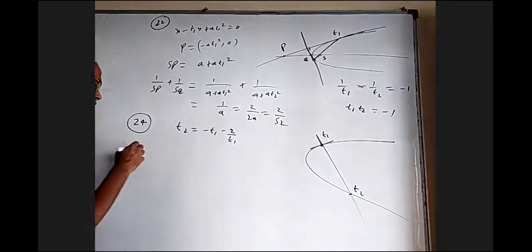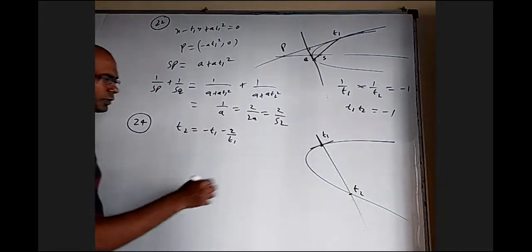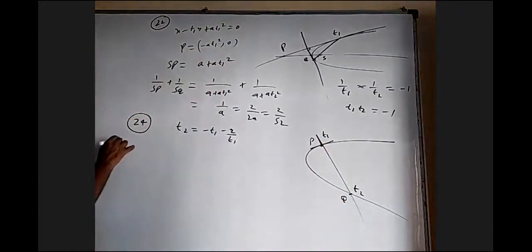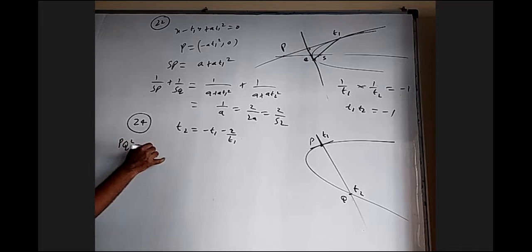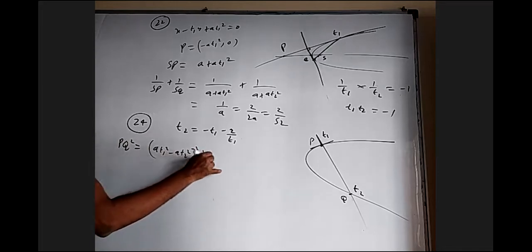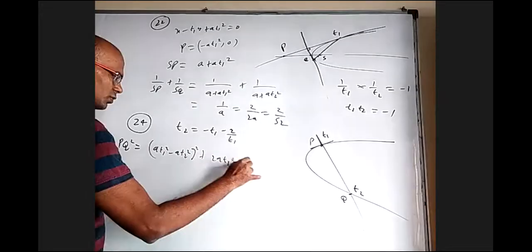Okay. If I take the length of the normal squared, so this is P and this is Q. PQ squared will be (at1² minus at2²) whole squared plus (2at1 minus 2at2) whole squared.